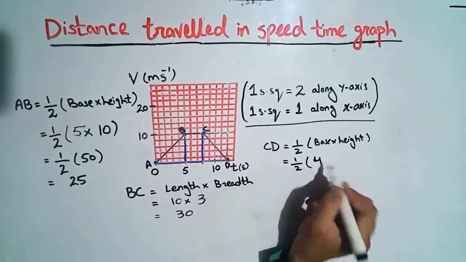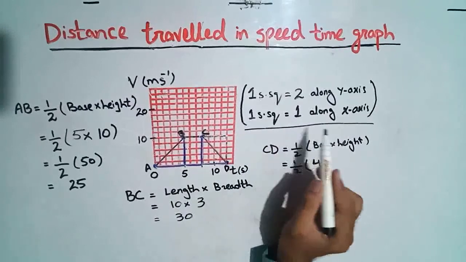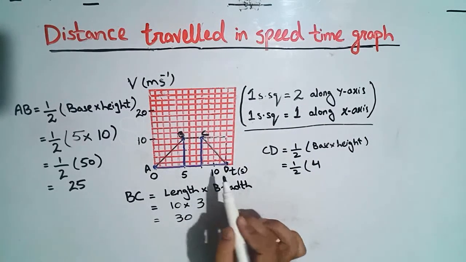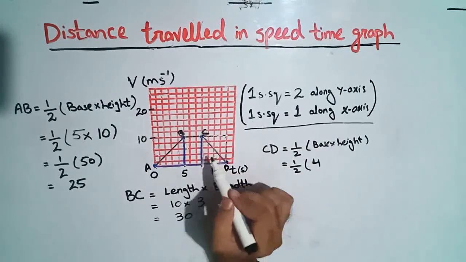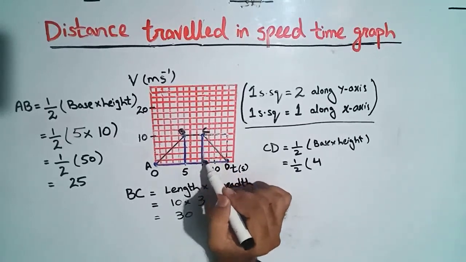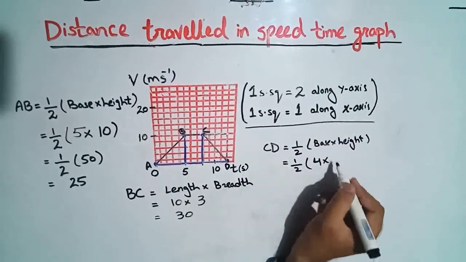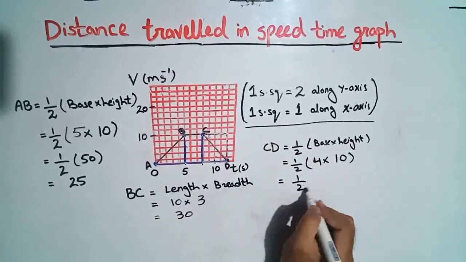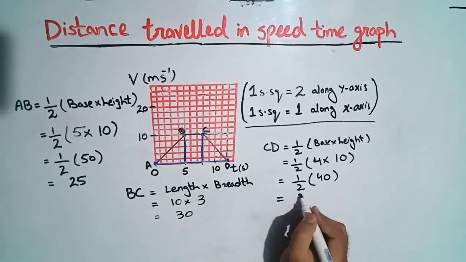These are 4 lines along the x-axis, because every line contains a single value of x. Now what is the height here? Along the y-axis there are 1, 2, 3, 4 and 5 lines, because the last point is here, C. Every line contains the value 2, so it will be 5 multiplied by 2, that is 10. 10 4s are 40. Dividing it gives us 20.